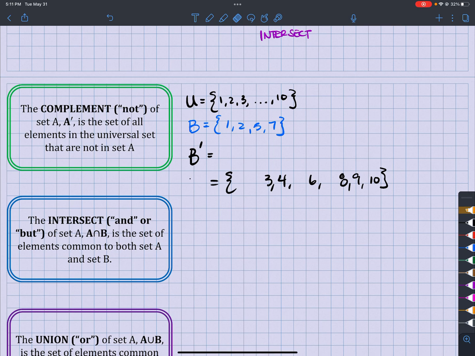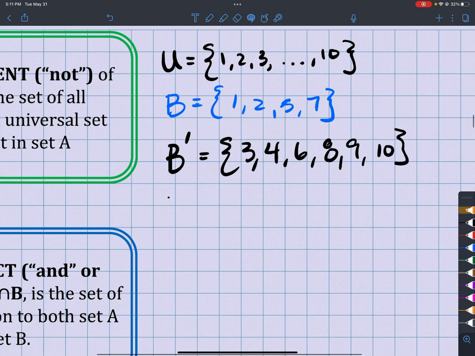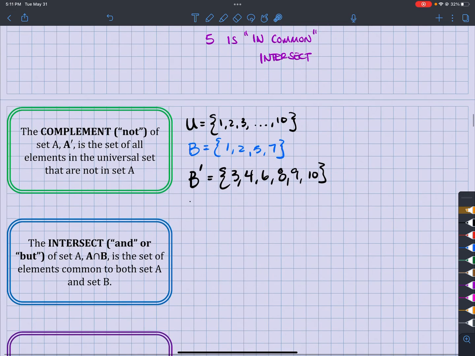So, in this case, what is left over here is what is not in B, right? So if you look at it, you can't find any of these elements in B at all. Okay, so that's why it's not B. That's what the complement is.